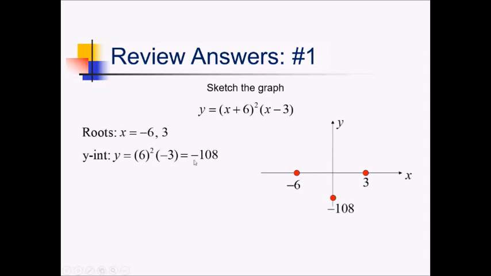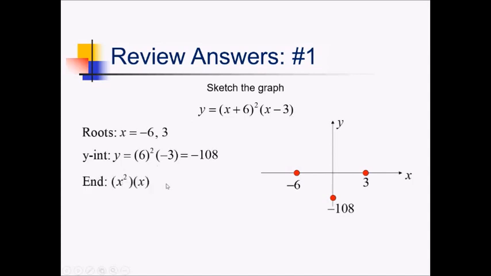Next, for the end behavior, we have to see what the degree of this thing is, which is to say, when you multiply all the x's together, what's your exponent? We also need to know if it's a positive or negative first term. So basically, just ignoring these constants that go with the x's, we have an x squared times an x. That's going to give us our lead term, and that's going to be an x cubed.